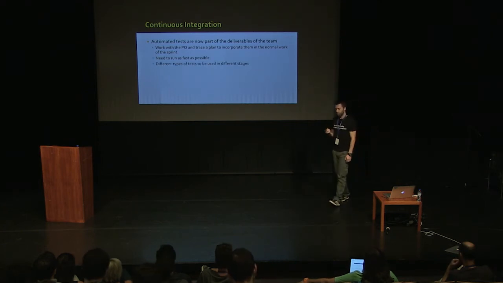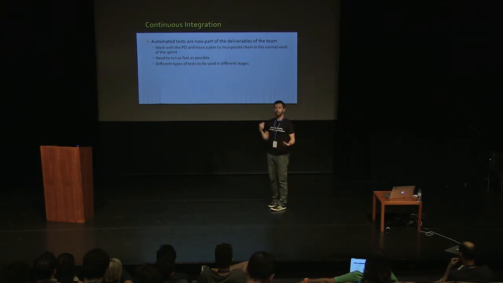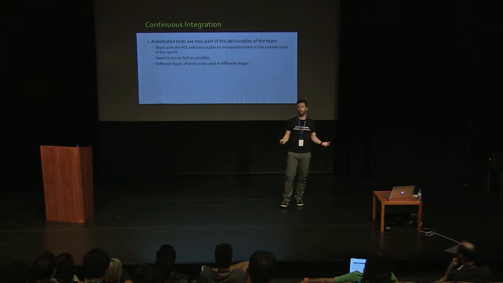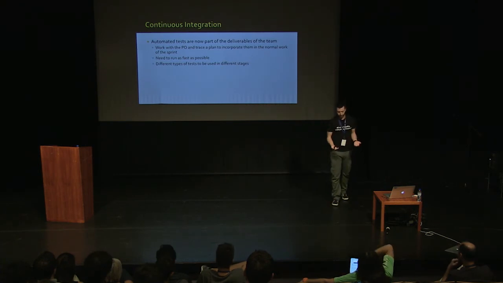What we introduce with continuous integration is that we are not making tests only anymore. It's not, I'm doing tests, I'm not doing tests. Now it comes with different levels of testing.